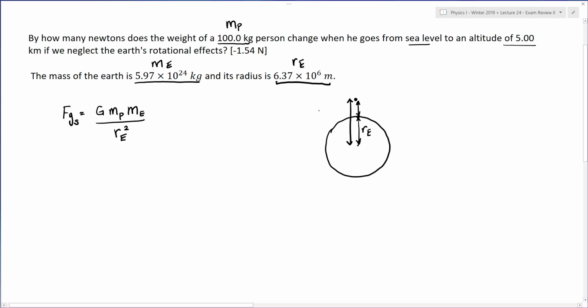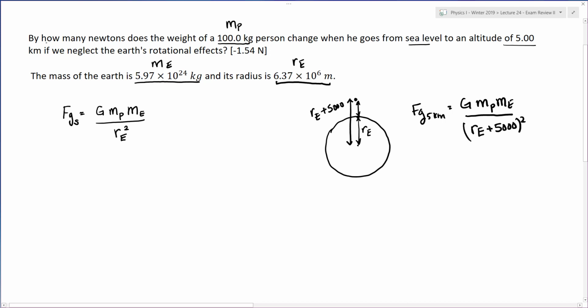So now that r value would equal the radius of the Earth plus 5 kilometers, or 5,000 meters. So I'm going to do the same formula on this side, force of gravity at an altitude of 5 kilometers, equal to the gravitational constant times the mass of the person times the mass of the Earth, divided by the radius of the Earth plus 5,000 meters, all squared.